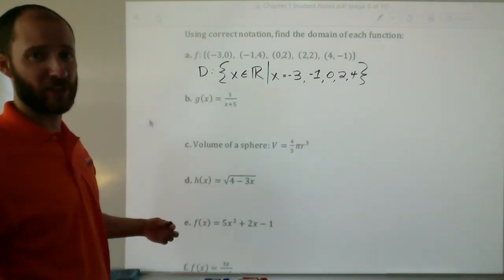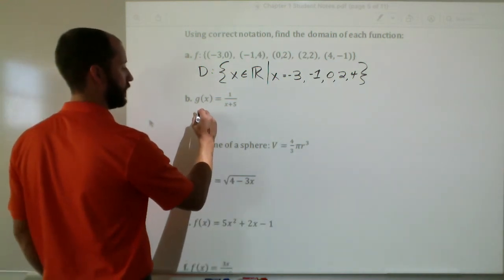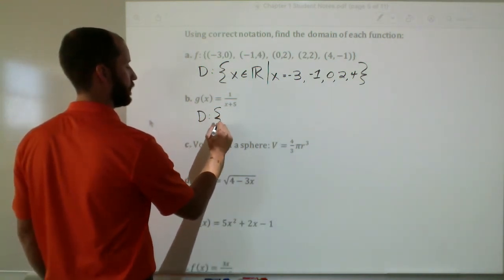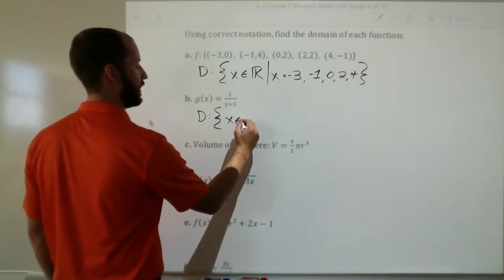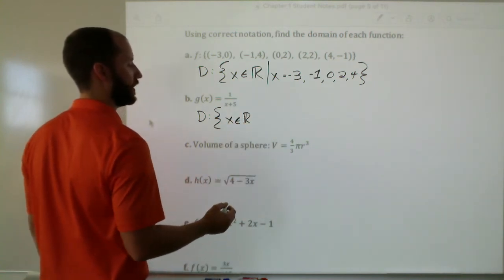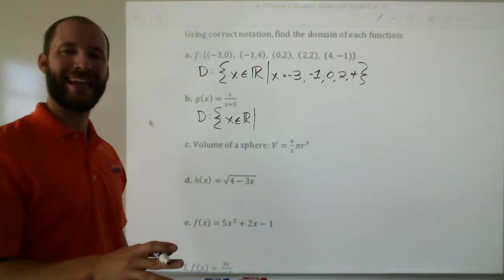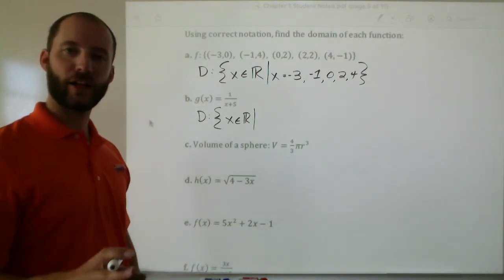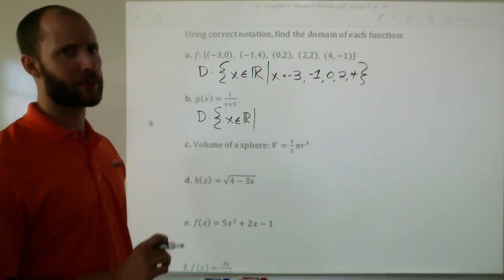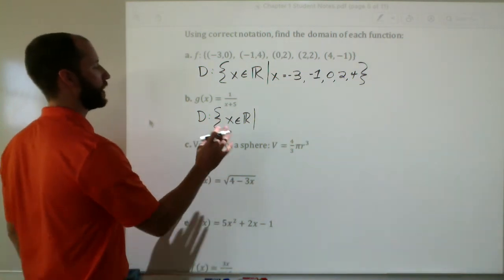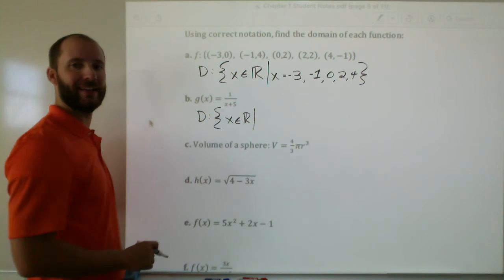You can plug pretty much anything you want into a rational function. So x is an element of the real number system. Now I said you can plug in almost anything. In algebra, we still have this pesky little problem where we can't divide by 0. So you can plug in anything you want for x, but you cannot get a 0 in the denominator.